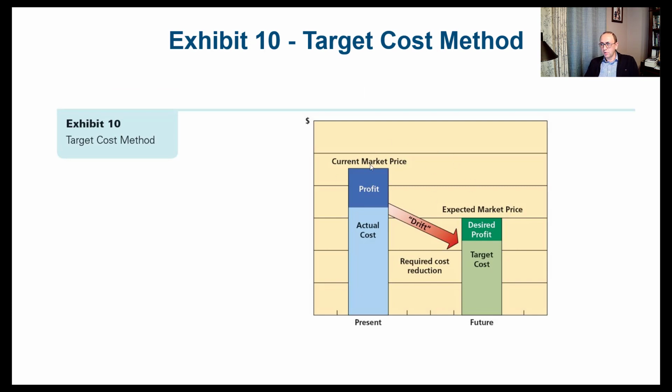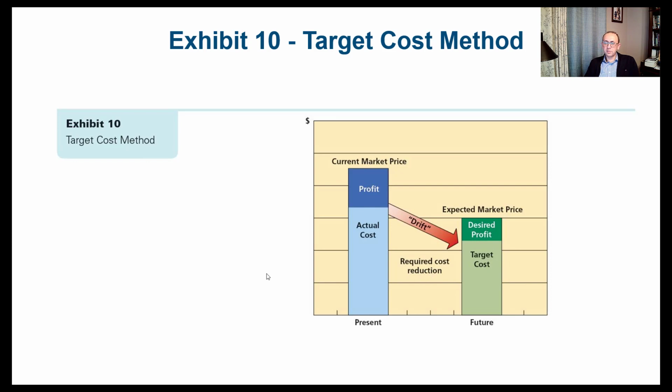So here's the current market price. This is the actual cost, this is the profit. You do this target cost method, you have the expected market price, you subtract from it the desired profit to get the target cost, and now you have to drift that actual cost to the target cost. So required cost reduction.